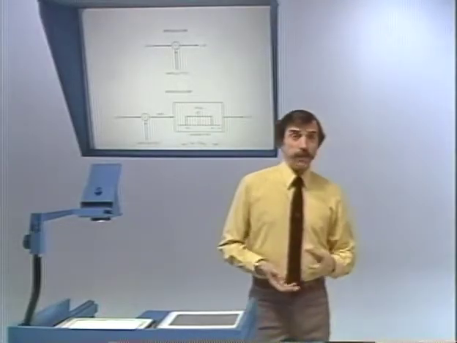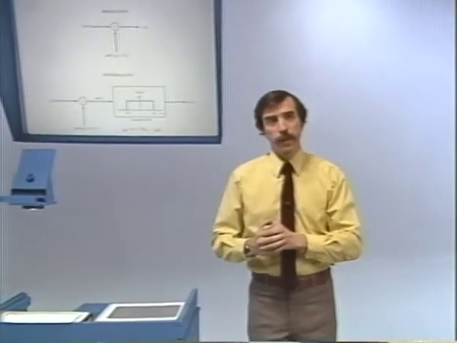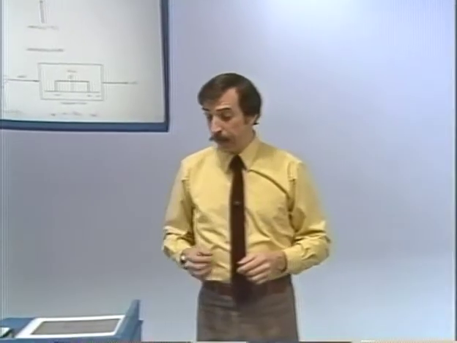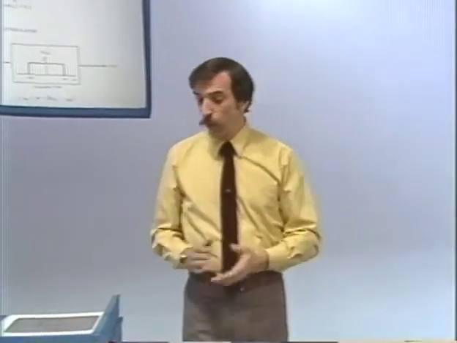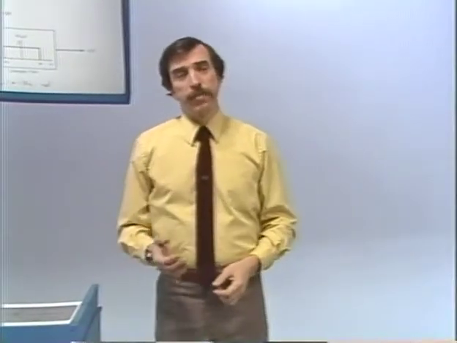All right, now what we've done then is we've taken x of t, we've modulated it onto a carrier, and then we've taken that modulated signal and we figured out how to get back x of t. And of course, one could ask, well, if you start with x of t and you want to get x of t back again, why bother going through all that? Why not just use x of t at the beginning and at the end?